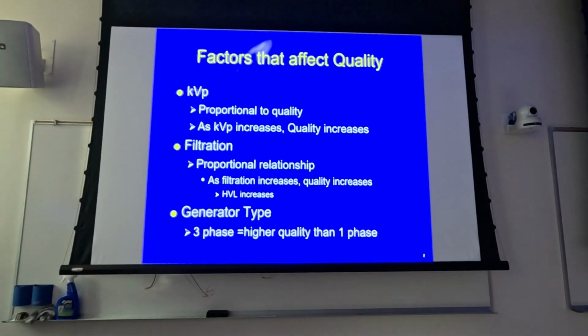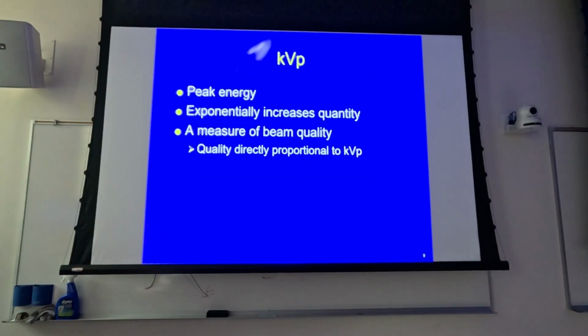All right, so we just kind of did this. Quality, kVp, as we increase kVp, we increase beam quality. Increase filtration, we increase quality. Generator type from single phase to 3-phase, we increase beam quality. kVp, we get that increase in peak energy.